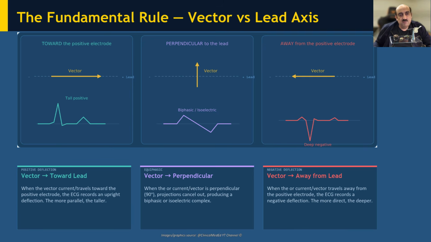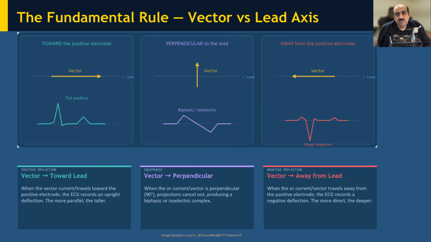If you look at the first box on the top left side of the screen, whenever the electrical current, the vector, travels towards a particular lead, the deflection is predominantly positive. For example, in lead 2, the P waves, QRS, and all of those complexes are positive because they're traveling towards lead 2, if the cardiac vector is normal, at 60 degrees.